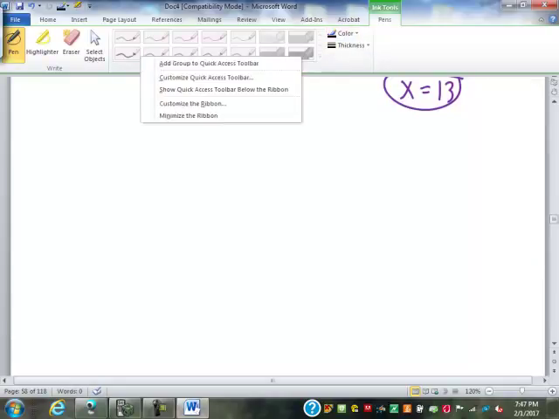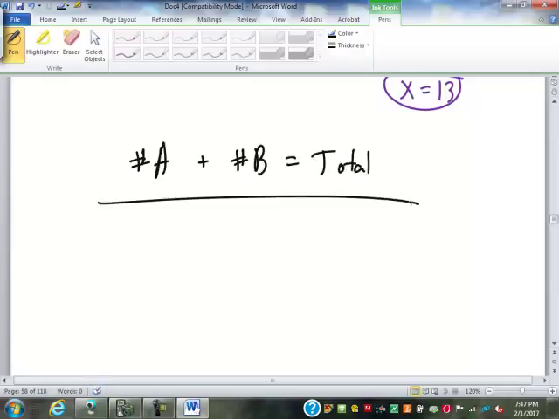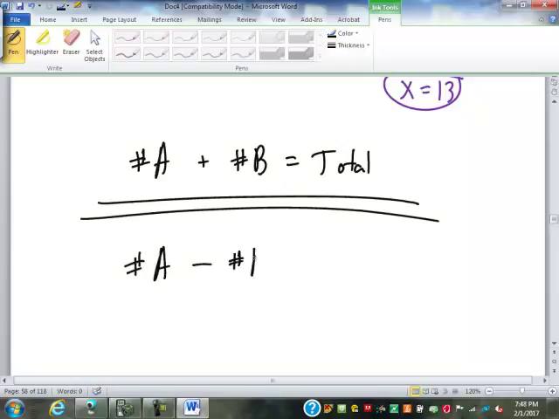This is an example of a typical type of problem we run into. Number A plus number B has to add up to be a total. There's another typical type of problem we run into. Number A minus number B equals a difference.